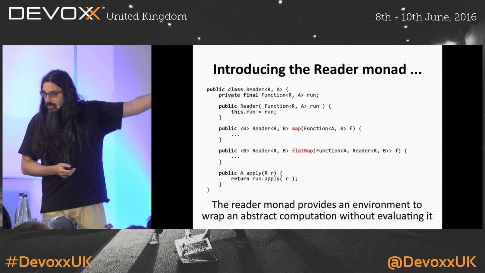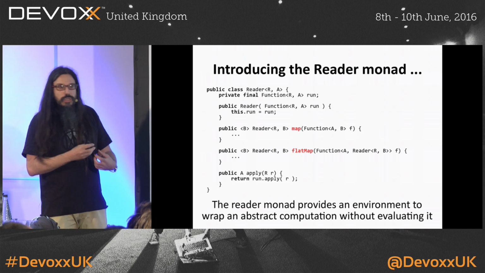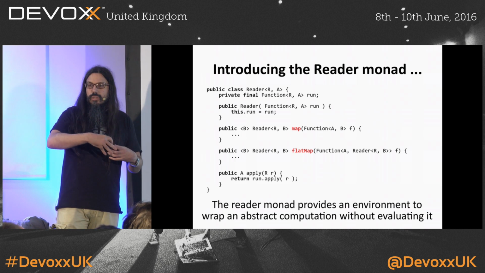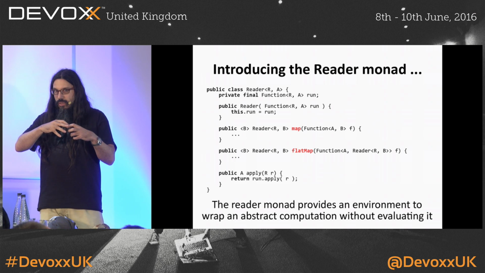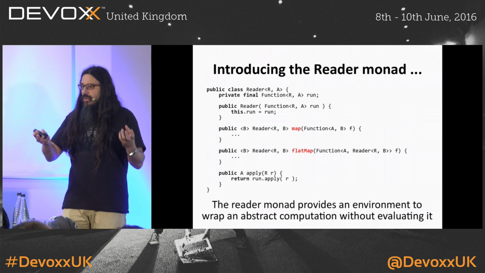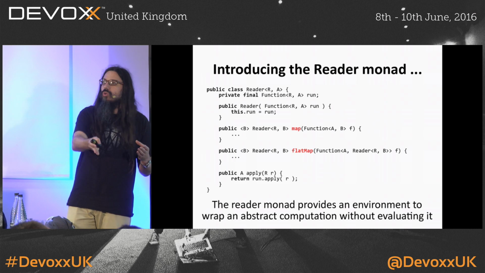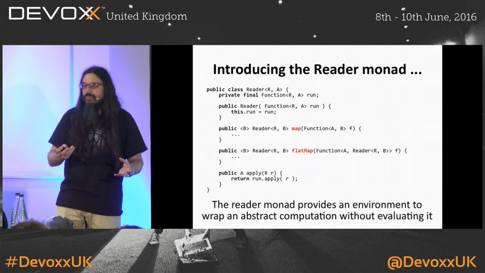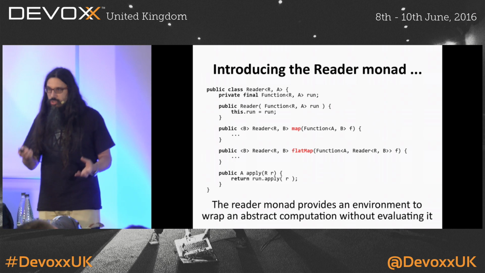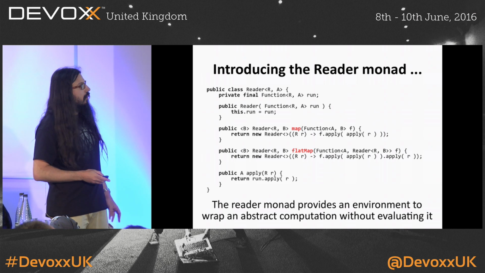Why am I doing this? Because I want to describe the behavior of the function, what the function does, but I don't want to apply it. It's just a wrapper, just a description of the function, not its application, not right now.